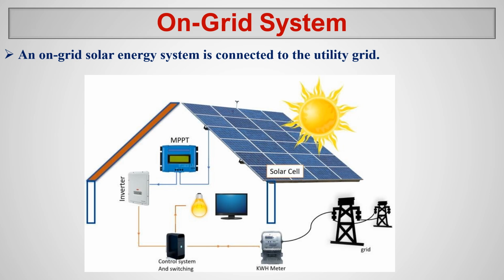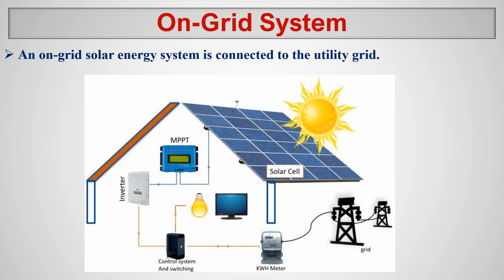If you look at this picture, we have solar panels, an MPPT charge controller, an inverter, the energy meters, and the grid supply. The method of functioning is that during the daytime the solar PV will generate power. That power will come to the inverter, be converted into AC, and supplied to the house.